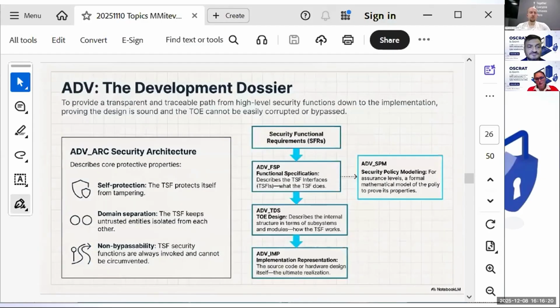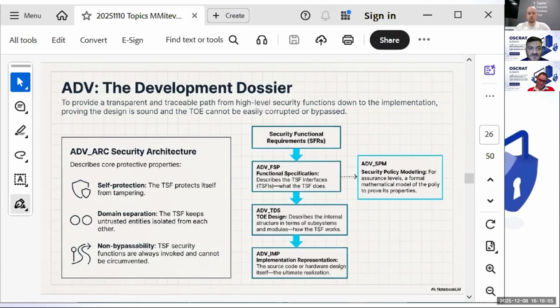Here we see the detailed structure of development evidence. It includes the security architecture, functional specification, TOE design, and implementation representation. The security architecture describes important properties such as self-protection, domain separation, and non-bypassability.